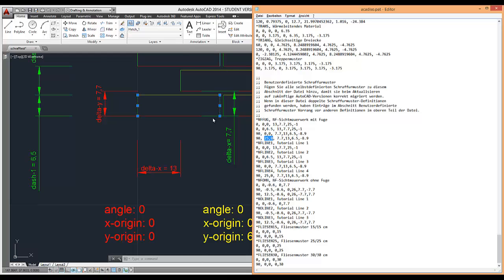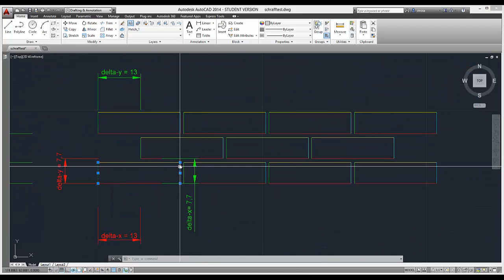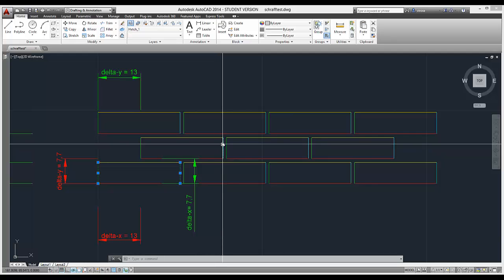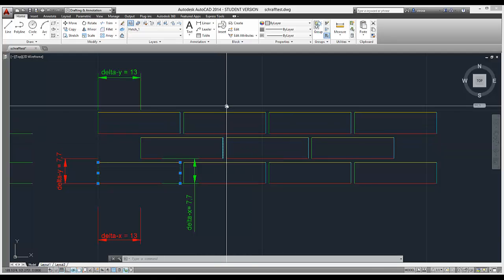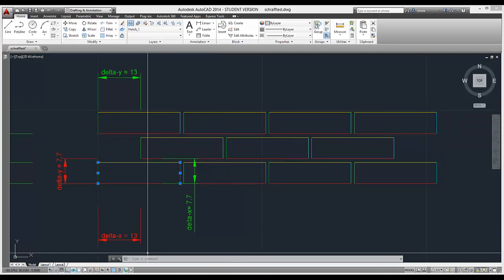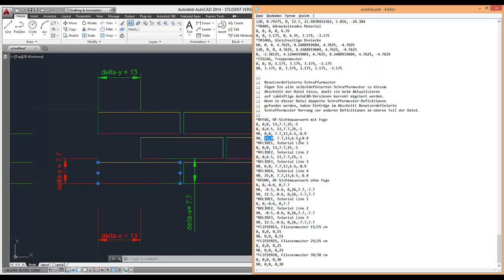the lines. So this one is here, the next one is 7.7 moved up along the axis, and the delta y value is again the 13, which is the value between this line and this line. You can see it here, it's dimensioned here, it's this distance.